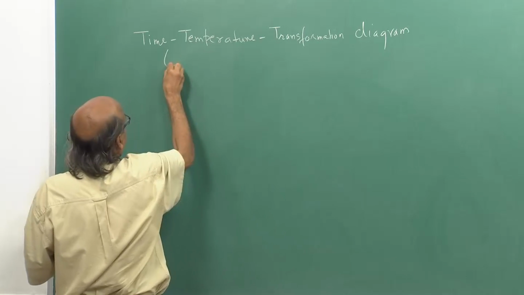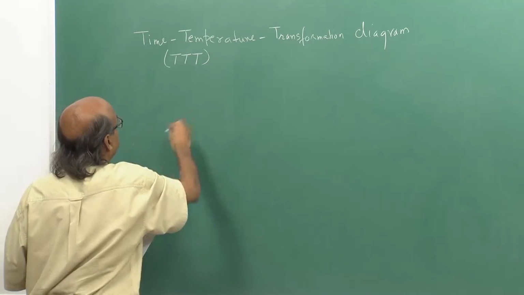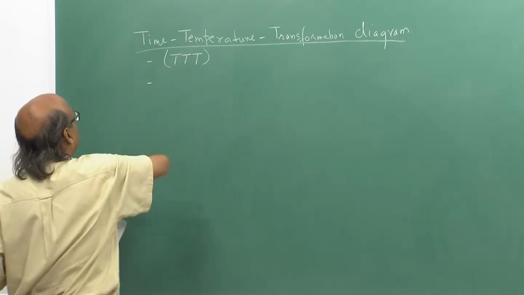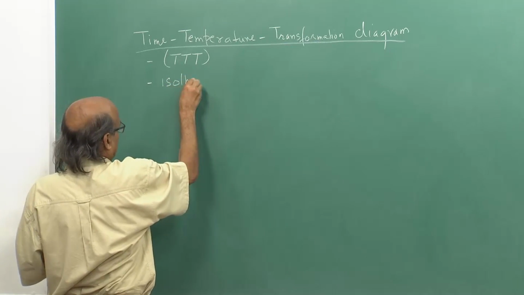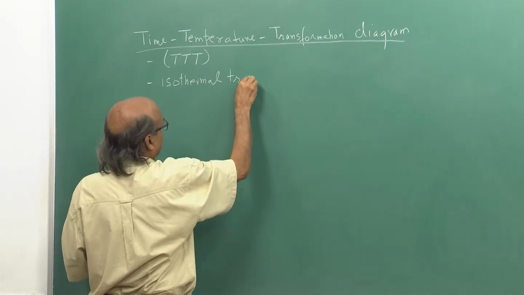In short, this is called the TTT diagram. This diagram is also called the isothermal transformation diagram.